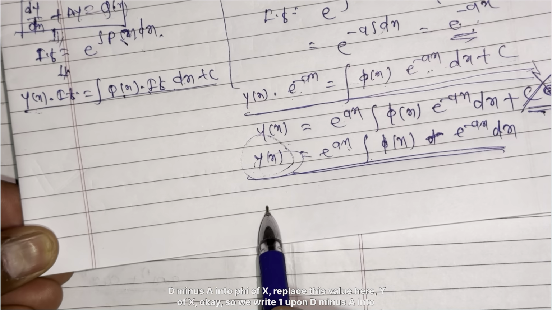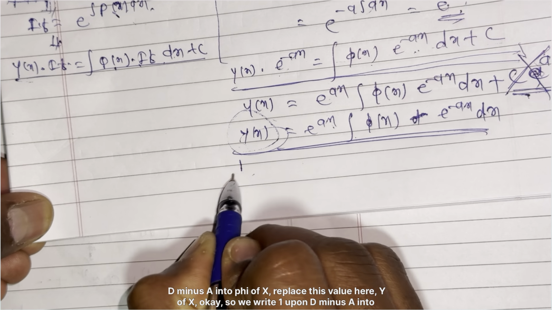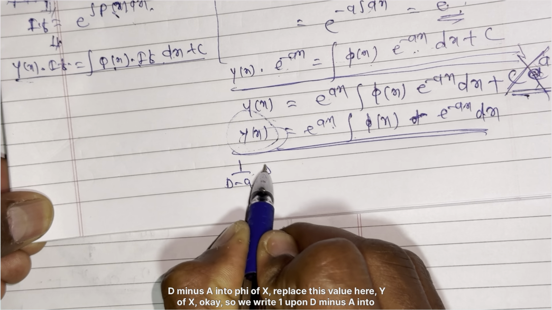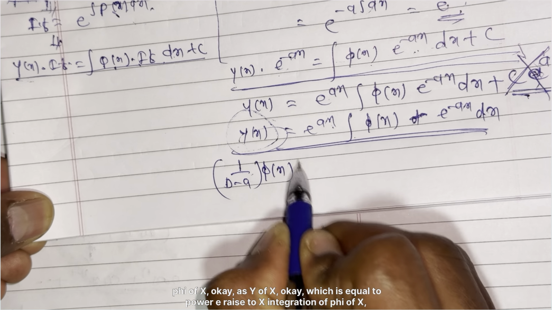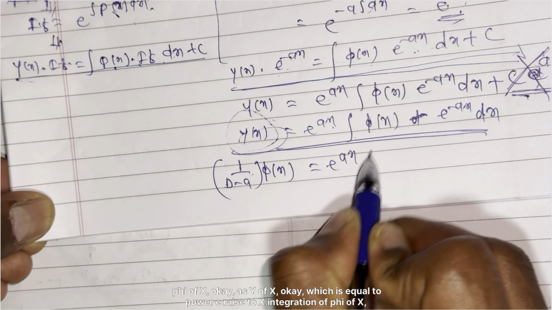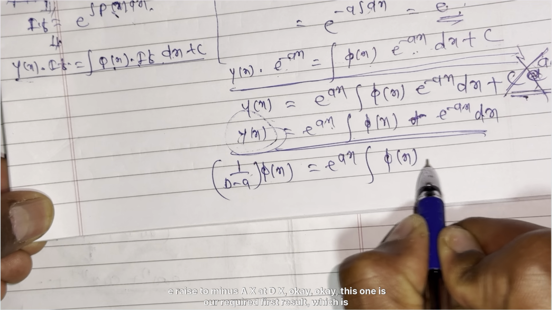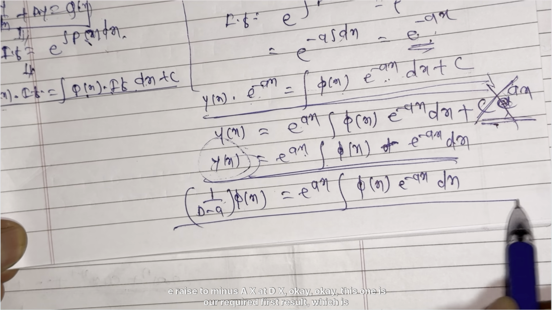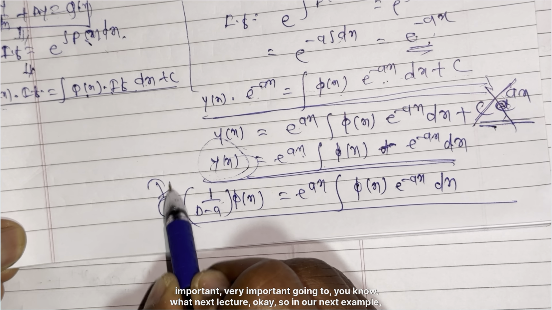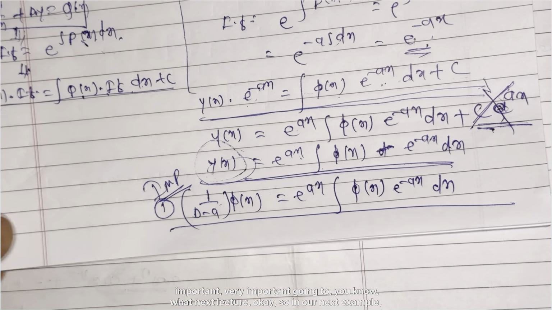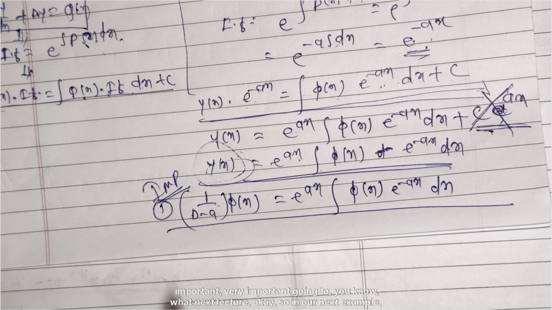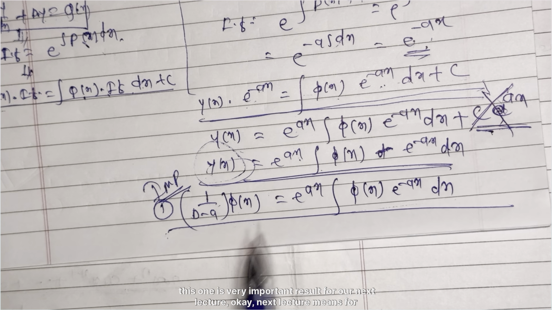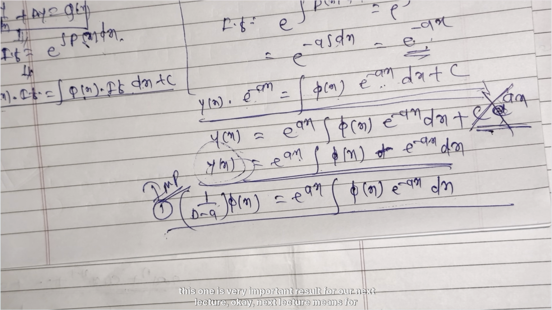Replace this value here, so 1 upon d minus a into phi of x is equal to e raised to ax integration of phi of x e raised to minus ax dx. This is our required first result, which is very important for our next lecture, for finding the particular integral.